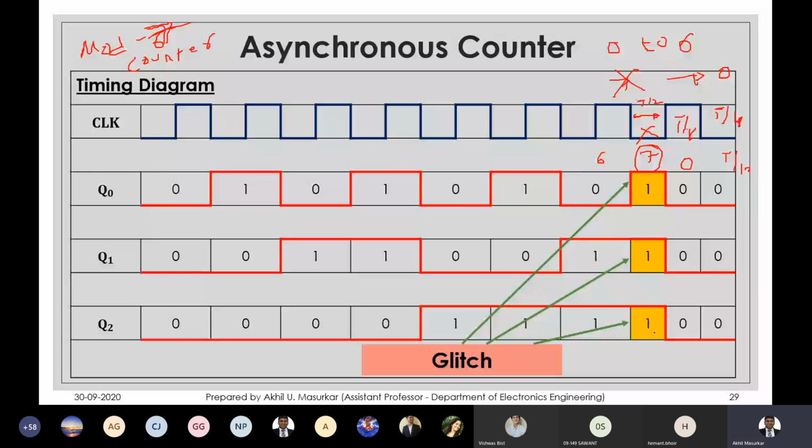So actually it should count from 0, 1, 2, 3, 4, 5, 6, and it should go to 0. But because of this glitch problem, you get that 7 for some time there. You get a 7 here for a very small time, and that is called glitch.